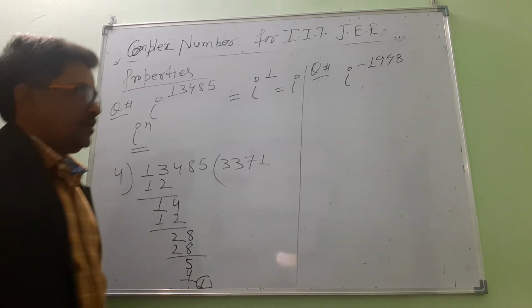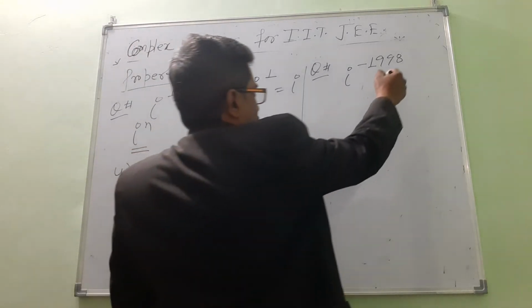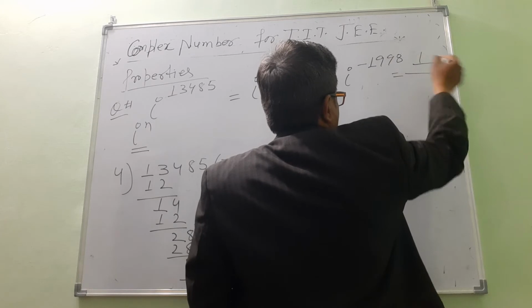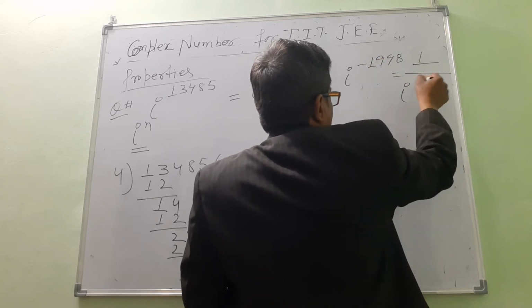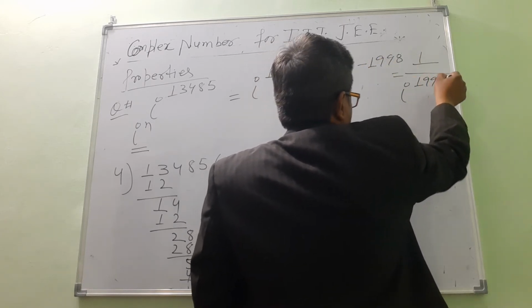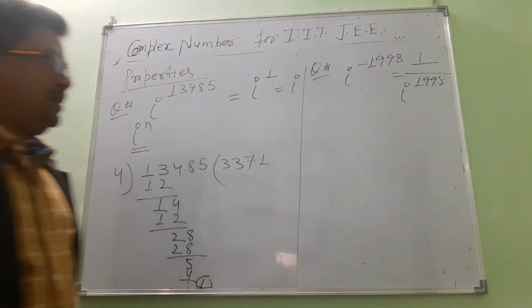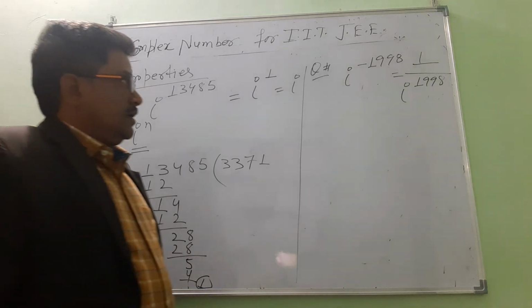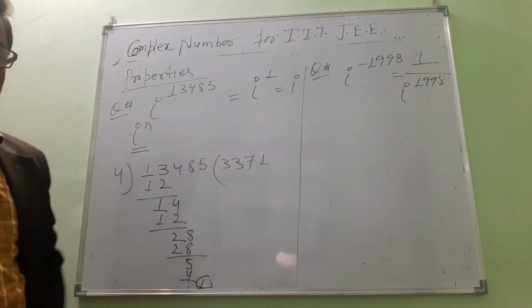We have to find the value of this one. So what we will do? First of all, we will make the power of iota positive by taking it in the denominator.